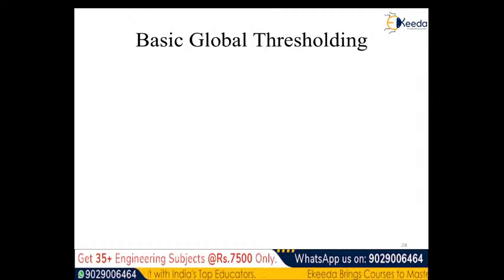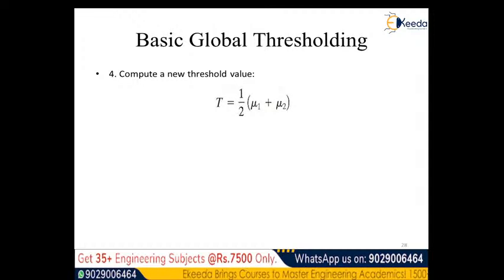Next, the fourth step is the computation of a new threshold value. For computation of the new threshold value, capital T will be equal to the addition of mu1 and mu2, the average gray level values, divided by 2. So this is averaging of the averages.